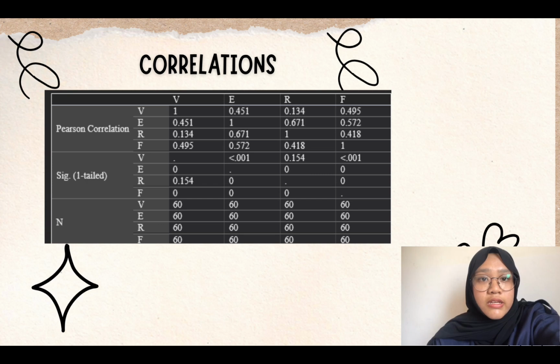Significance: all correlations are significant, P less than 0.001, except V and R, P 0.154. 3. Sample size N is 60 for all variables. E and R have the strongest positive correlation.